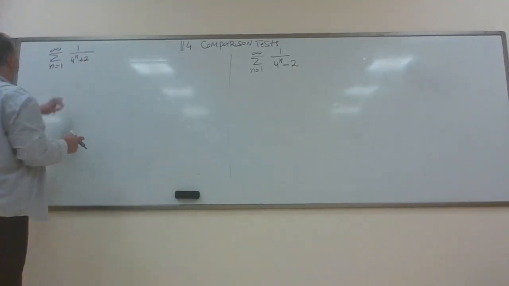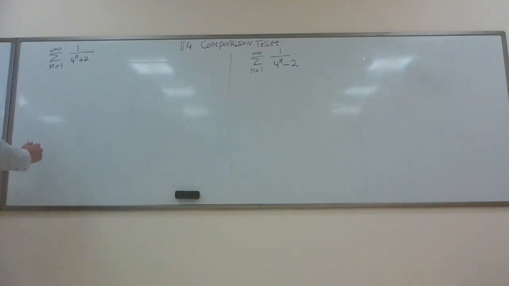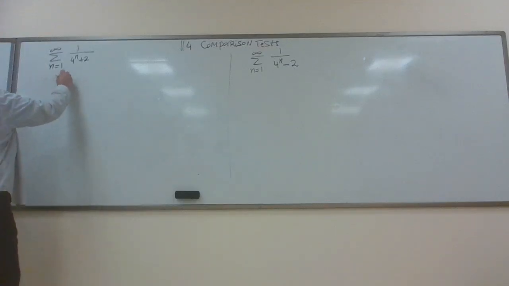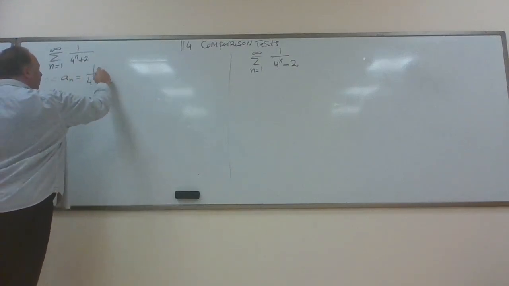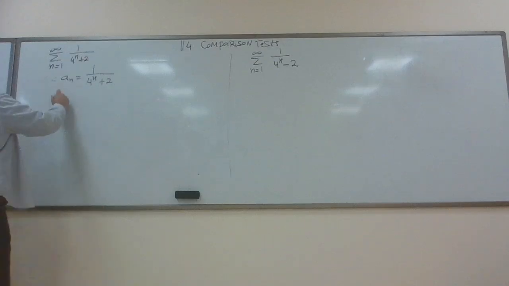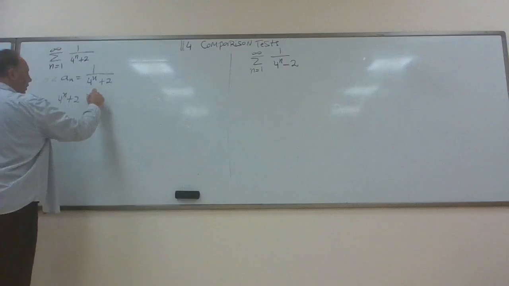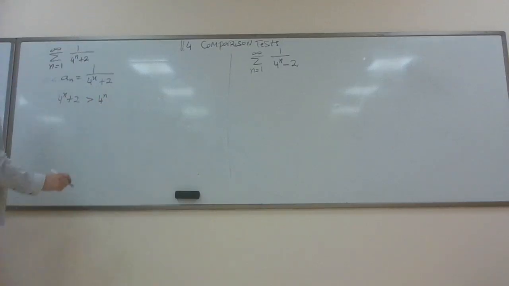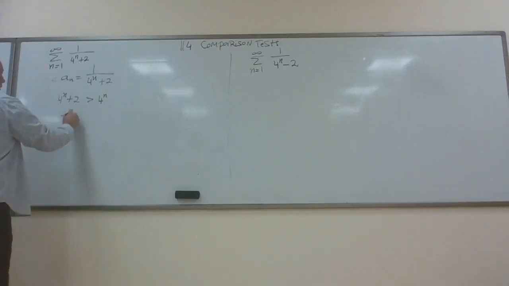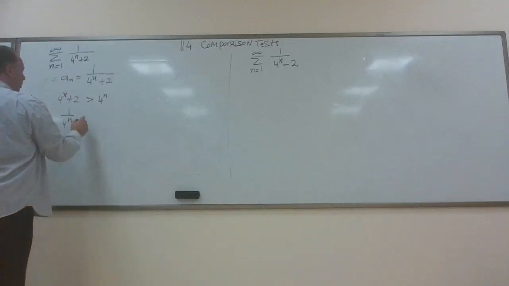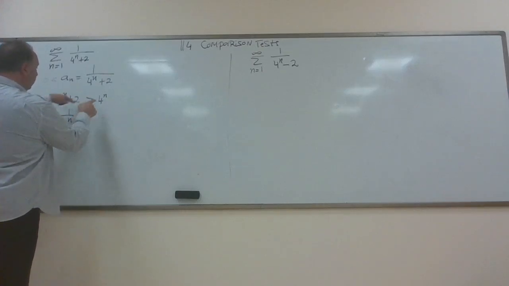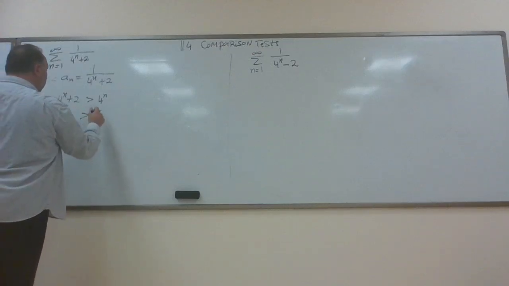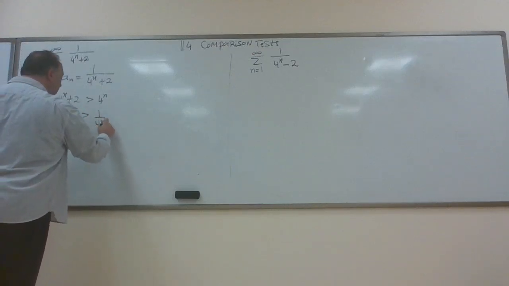Let's consider an easy case here. We observe obviously that the general term is positive. Now we know that 4 to the power n plus 2 is bigger than 4 to the power n, which means if we flip them, 1 over 4 to the power n is bigger than the other.